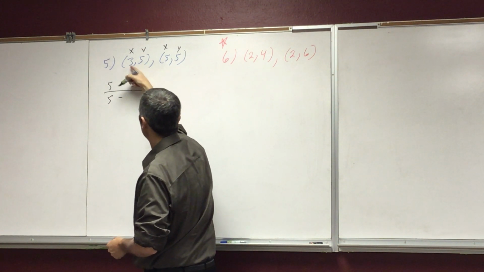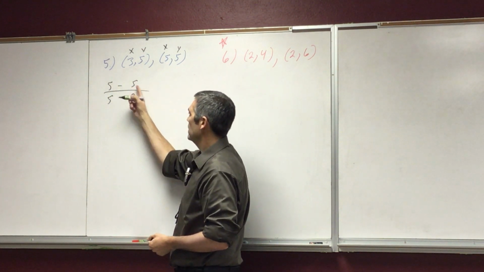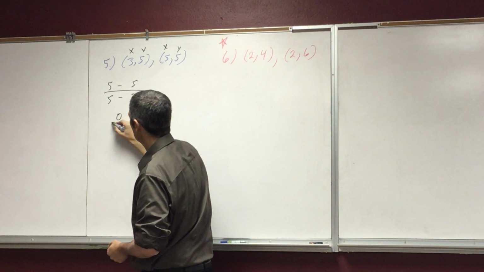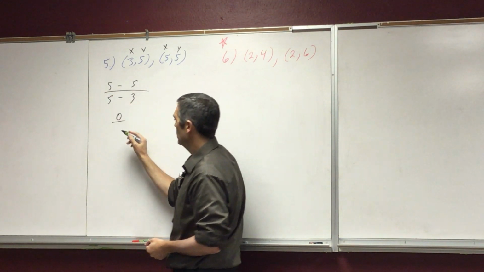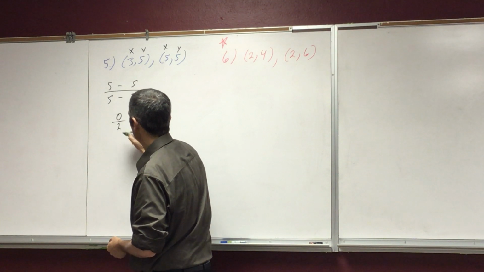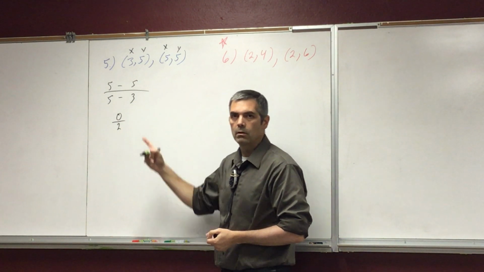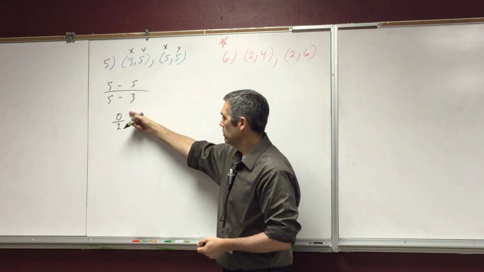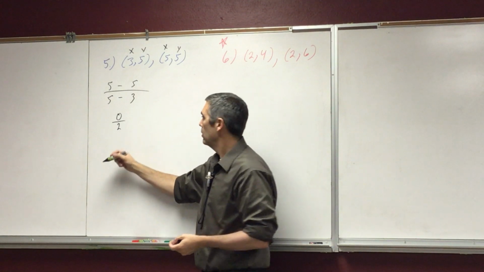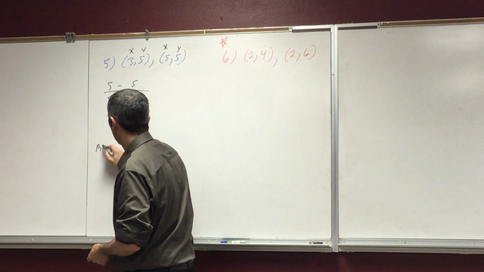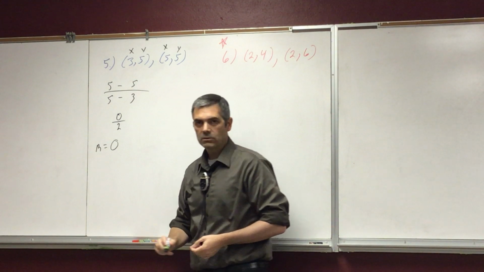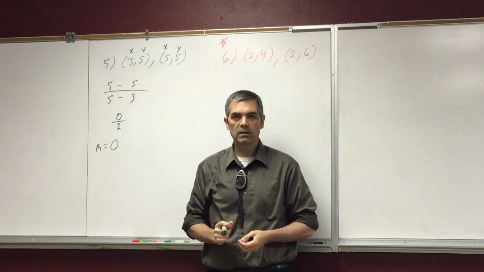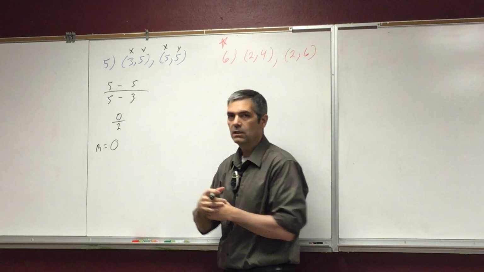That 5 there. This 3 here. 5 minus 5 gets me 0. 5 minus 3 gets me 2. Oh, look. 0. 0 divided by 2 is 0. So my m equals 0. That's okay. My slope can equal 0. That's fine. Let's substitute it in.